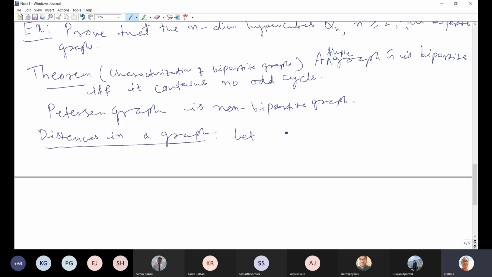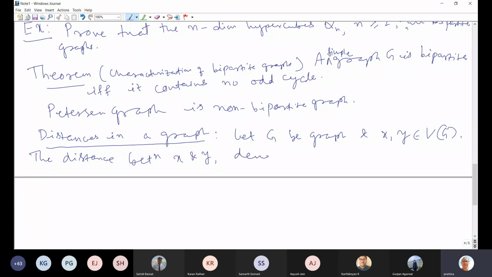Let G be a graph, and x, y be any two vertices in the graph G. Then the distance between x and y is denoted by d(x, y).